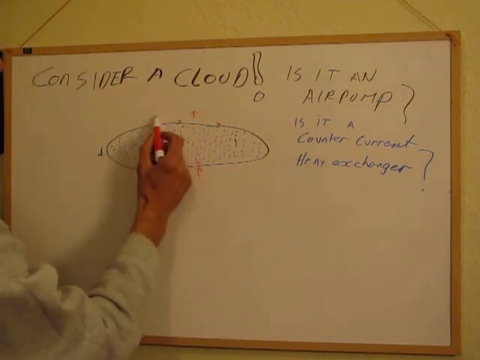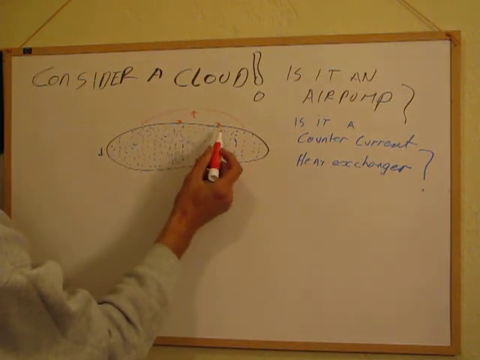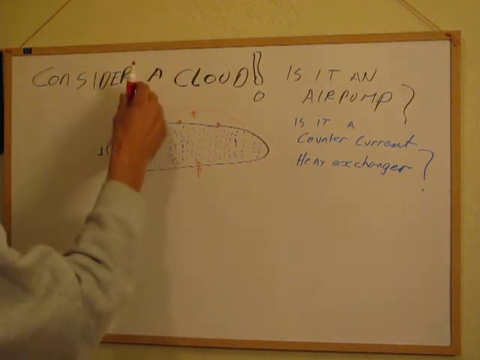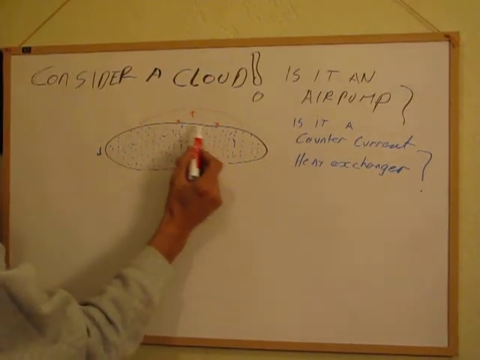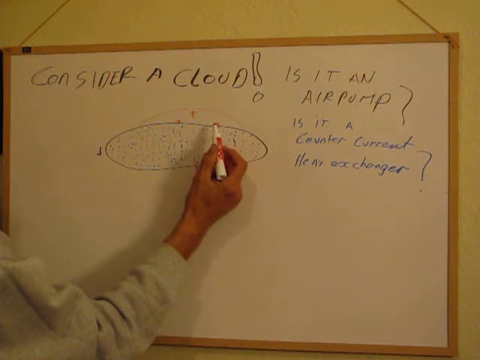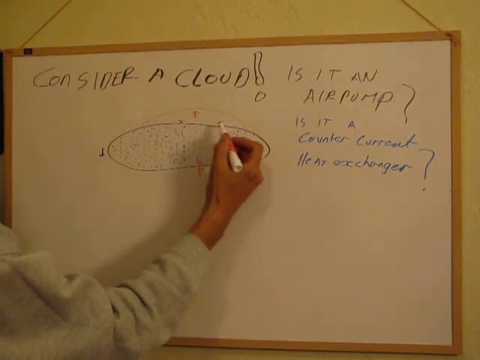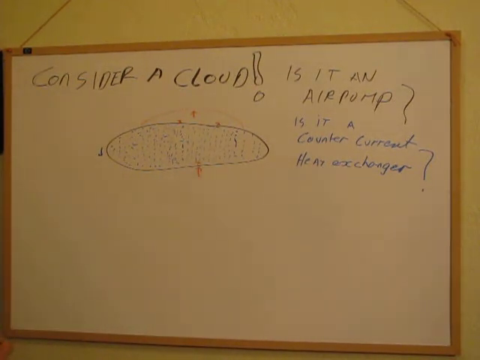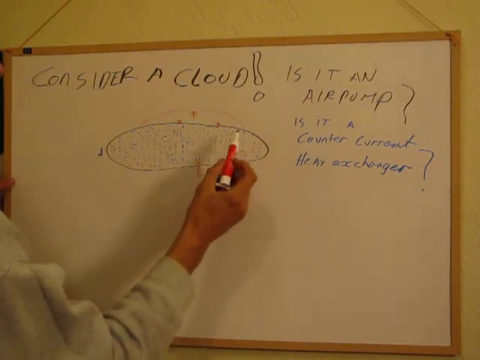Now, when it comes out through the edge of the cloud, it doesn't have any droplets in it anymore. The droplets going down and the air going up means that this air that finally comes out at the top is warm and saturated. Water vapor's molecular weight is 18, and dry air's molecular weight is about 29.